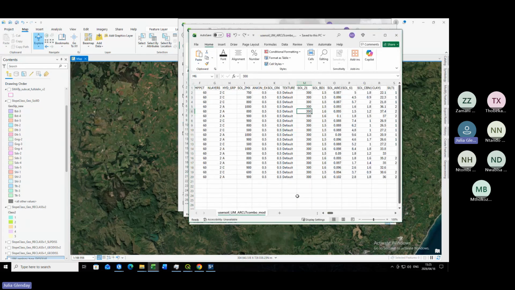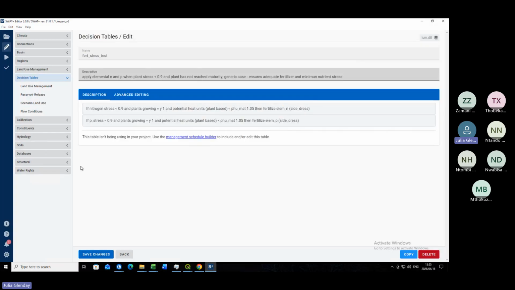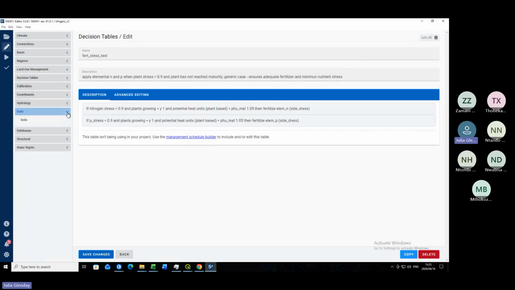So this database has to be prepared with numbers and names that match your map, and then you can input it into the model and it'll bring these properties into the model. Once they're in the model, we can change them without going back to our table necessarily.